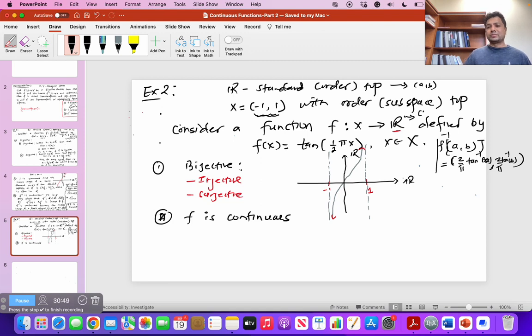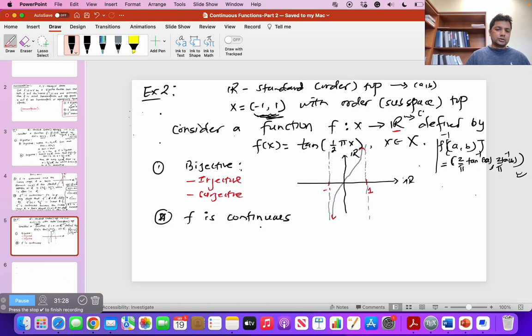Obviously this interval is open in X because we are considering the order or subspace topology on the interval negative 1 to 1, and the open sets in this interval are all of this form. So we found that the inverse image of a basis element is open in X.